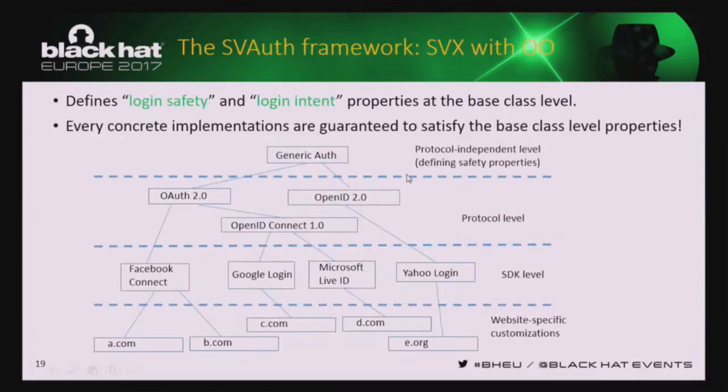SVOS is essentially an object-oriented framework with SVX built in. So it has 4 levels. At the top level, which is the protocol independent level, we defined very basic classes like identity provider and relying party, as well as the 2 safety properties, login safety and login intent, which corresponded to the 2 video demos that I showed in the beginning.